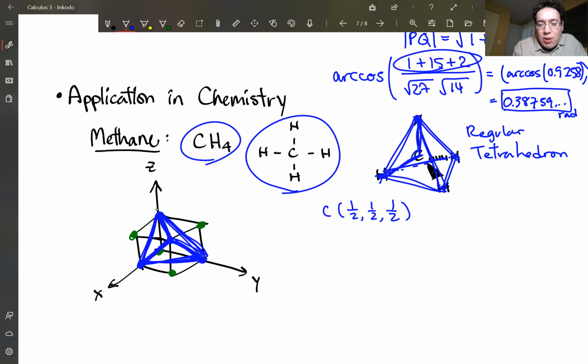And there are 4 different hydrogens. They all make the same angle. So I'm just going to pick 2 of these coordinates. Let's say hydrogen 1 is on the x-axis, and hydrogen number 2 is on the y-axis.